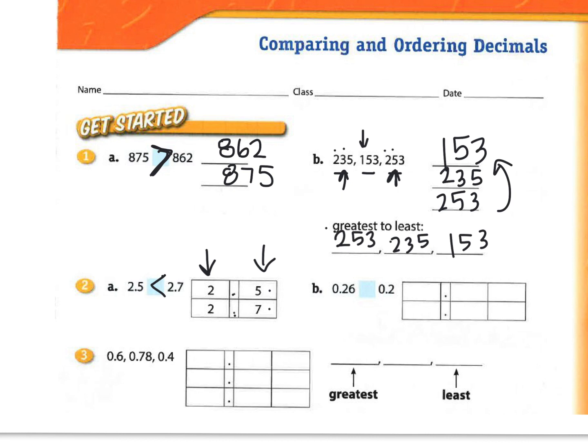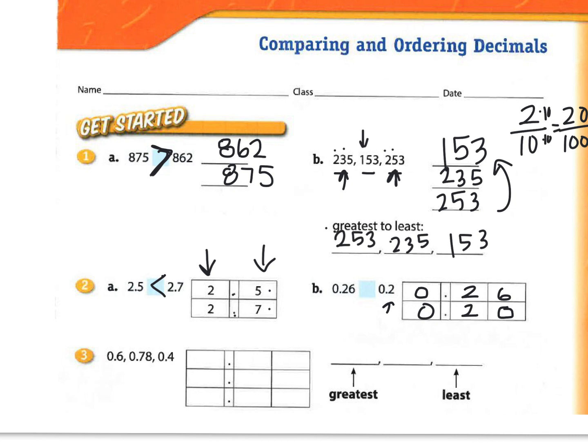Let's write this out for part B. We have 0 and 26 hundredths, and then here we have 0 and 2 tenths. When you're writing decimals, if I add a 0 here, that doesn't matter. 2 tenths is the same thing as 20 hundredths, because if we were making an equivalent fraction, we would just multiply times 10 on the top and times 10 on the bottom.